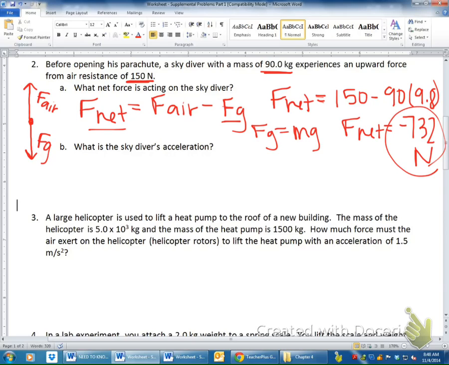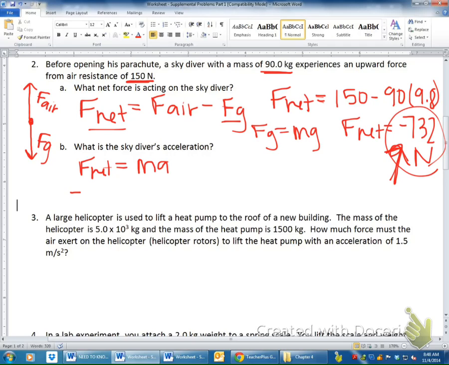Okay, what is the skydiver's acceleration? Okay, is this one that would trip you up? Yes or no? Sometimes? Okay, so we have our net force right here. We just solved for it. This right here is our net force, negative 732. All we do is come down here and do our F net equals mass times acceleration.